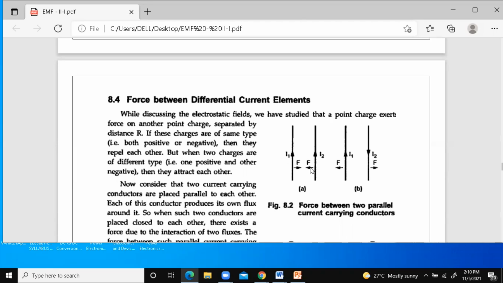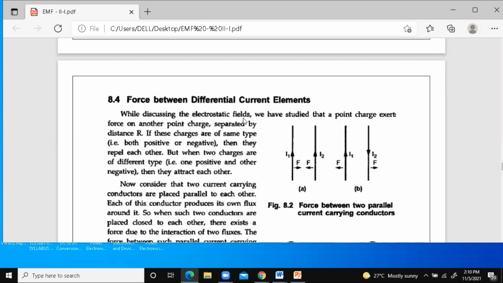So we are going to look at the force exerted on one by the other if the currents are going in the same direction or in opposite directions, just like how you wind a transformer coil. So just let us take a little time and go through this story.